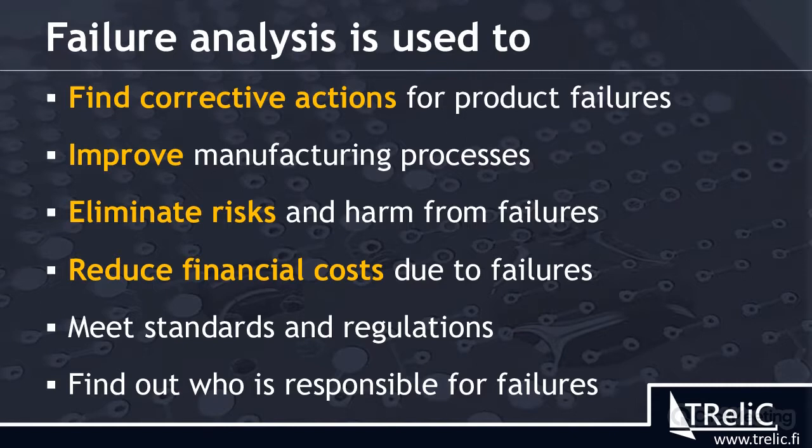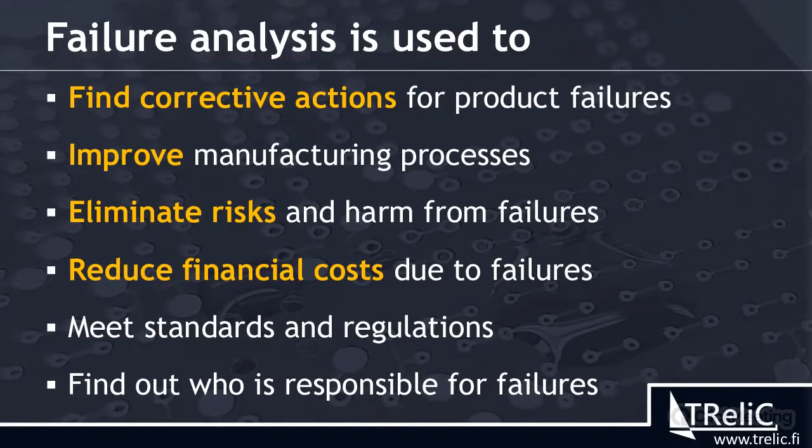So failure analysis is used, as I already said, to find corrective actions, what could be used to, for example, improve the reliability of the product, but also to give better instructions, for example, to prevent failures due to misuse and so on, or for example, due to wrong storage conditions or something like that.